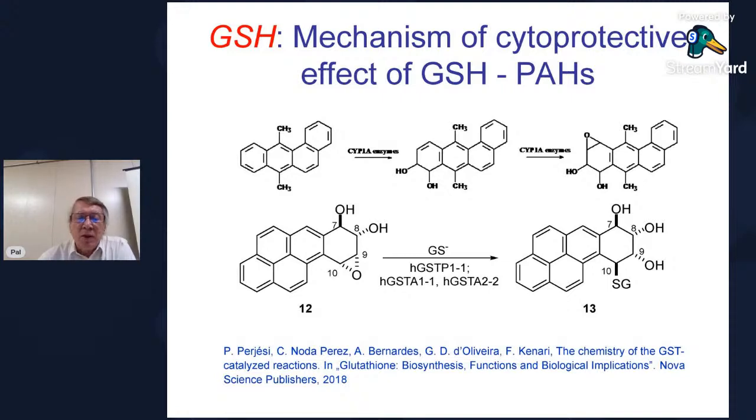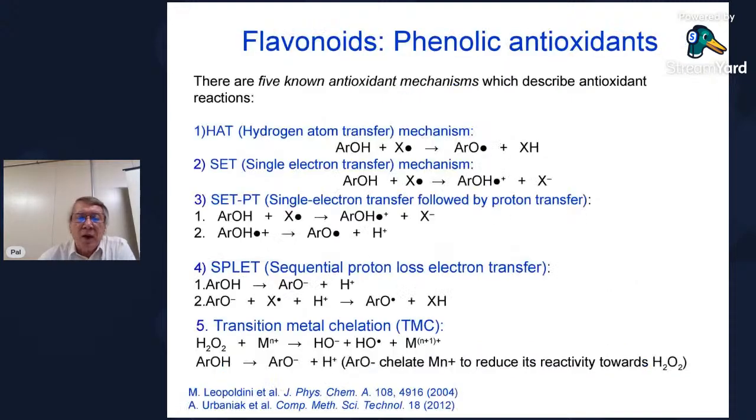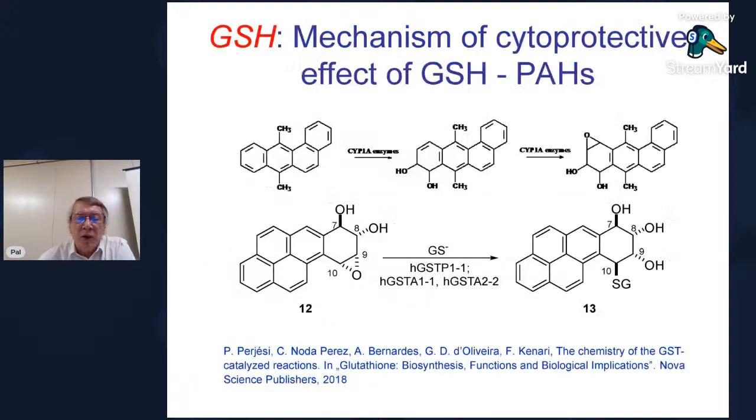The glutathione conjugates afterwards, however, are not stable. They undergo further metabolic transformation, and the fate of the glutathione conjugates in the body will be discussed in the next item of this series.